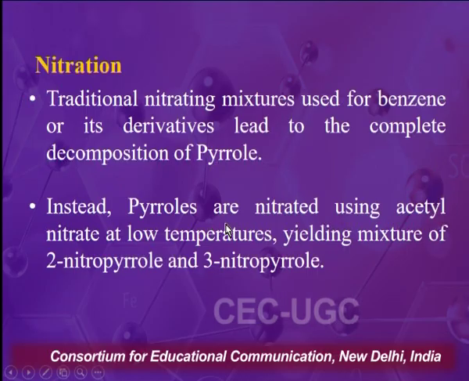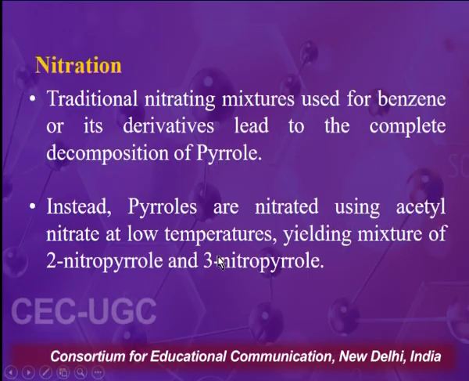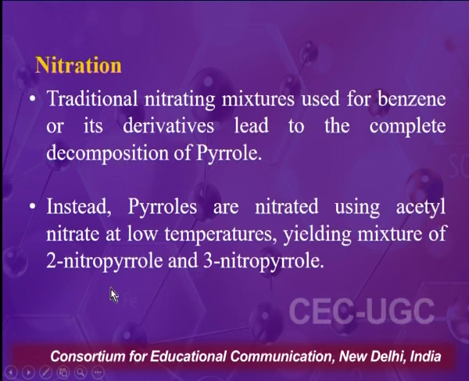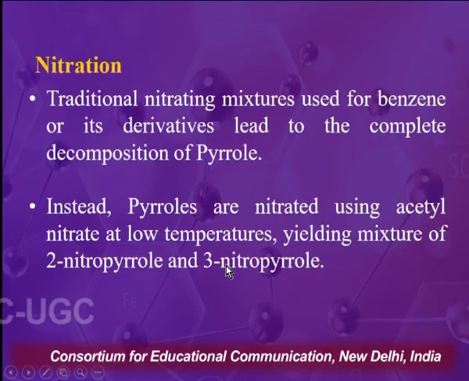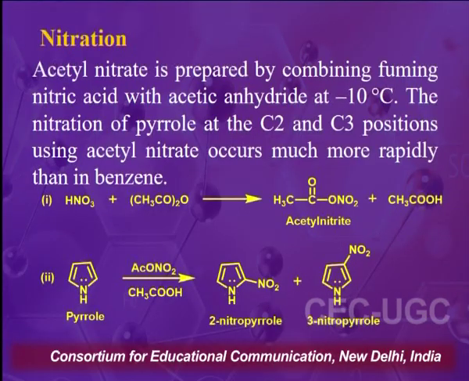So, pyrroles are nitrated using acetyl nitrate at low temperature, and that yields a mixture of products. The products are 2-nitropyrrole and 3-nitropyrrole. That means the nitration takes place at the C2 position as well as the C3 position of pyrrole. The reaction takes place in two steps. The first step is the synthesis of acetyl nitrate.